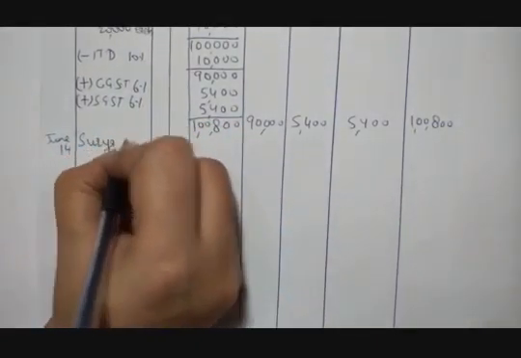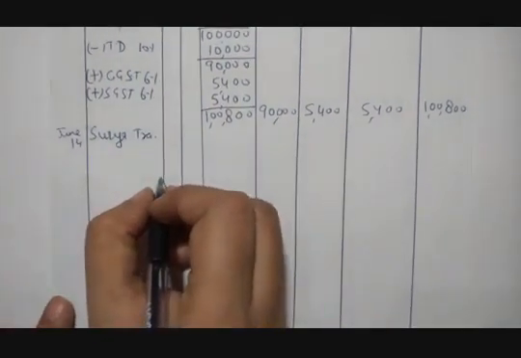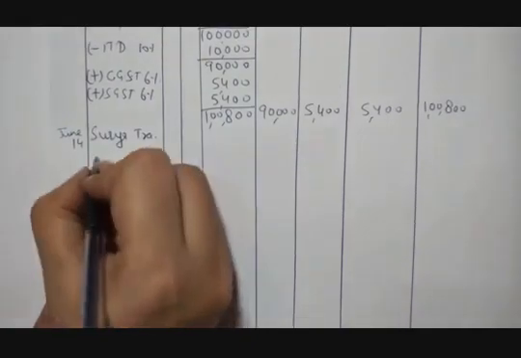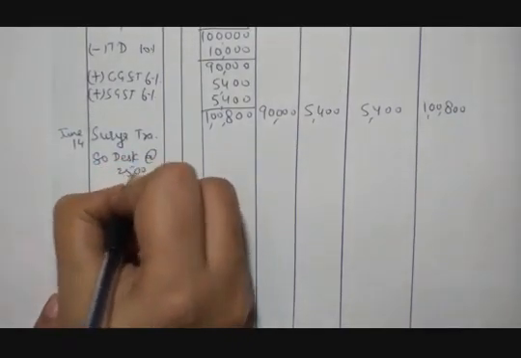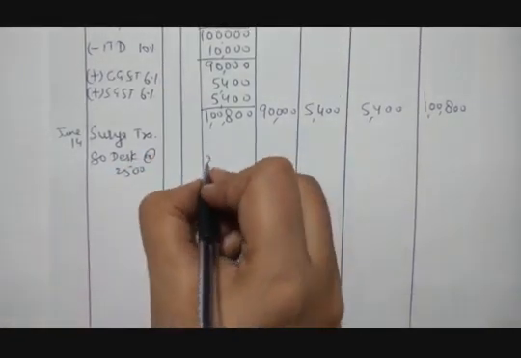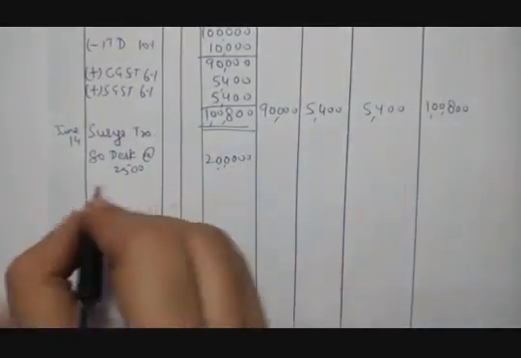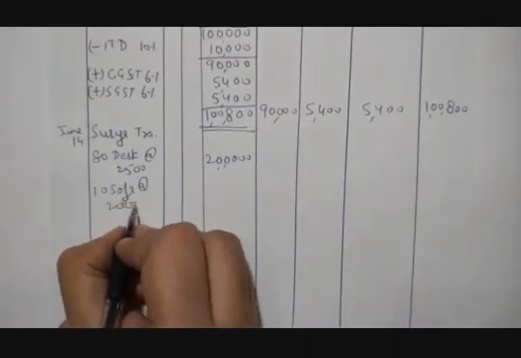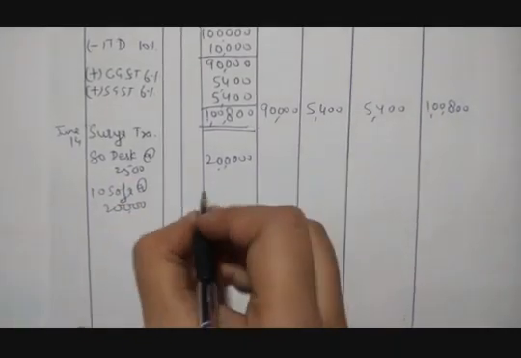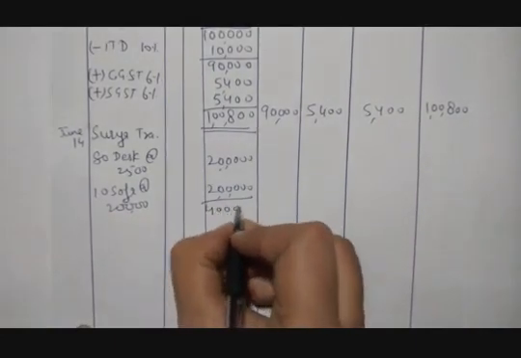You will write Surya Traders here in particulars. Fine. Now they are saying 80 at the rate of 2,500 each. Fine. So it will be 2 lakhs. Ten sofa at the rate of 20,000 each. It will be 2 lakhs. We will add. It will be 4 lakhs. Fine.